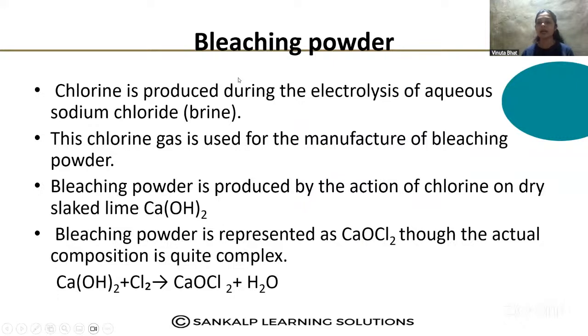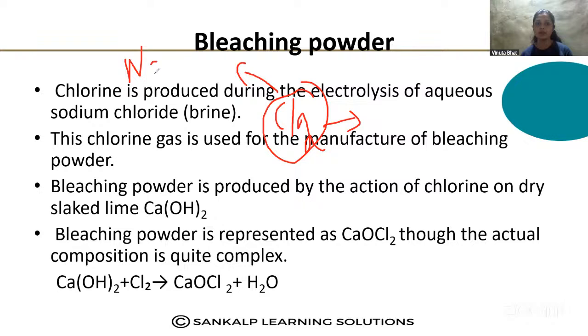Okay, let us see how bleaching powder is synthesized using sodium chloride as a raw material. Chlorine is produced during the electrolysis of aqueous sodium chloride, the brine solution. We know chlorine, Cl2, is produced in the chlor-alkali process, and for its production, aqueous sodium chloride solution is used.